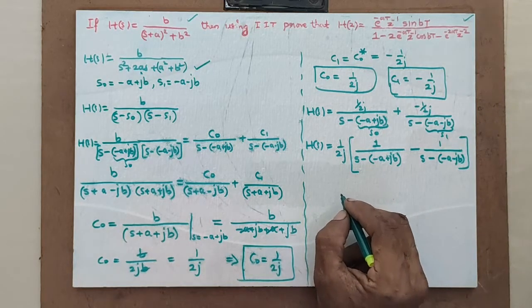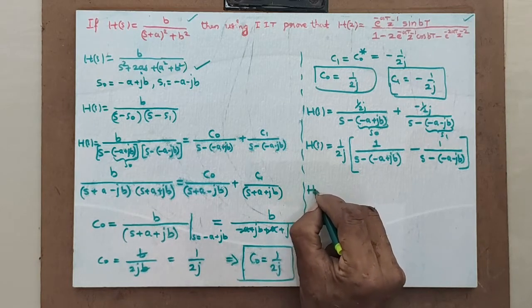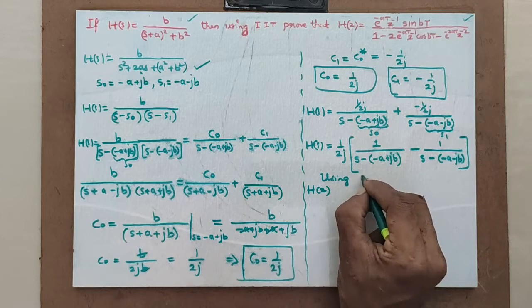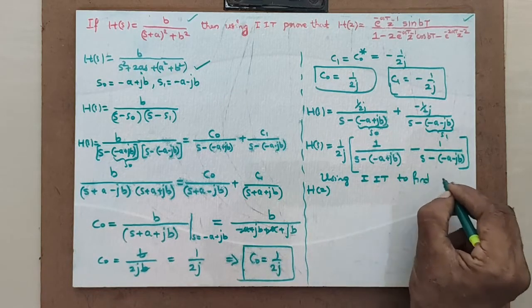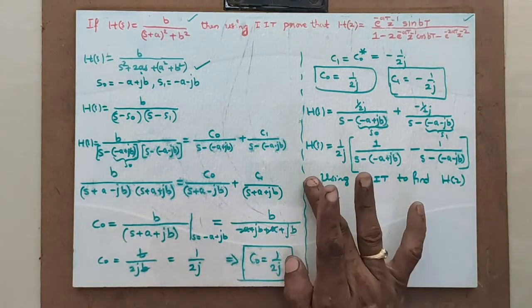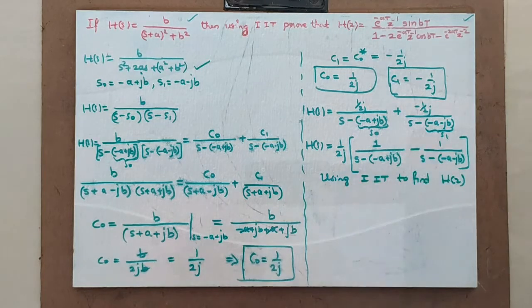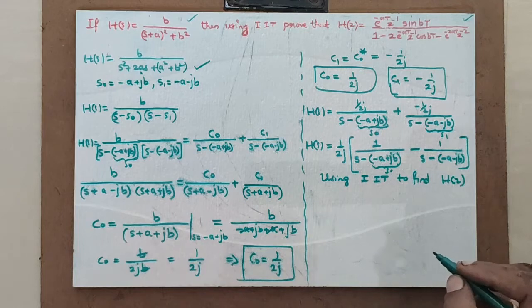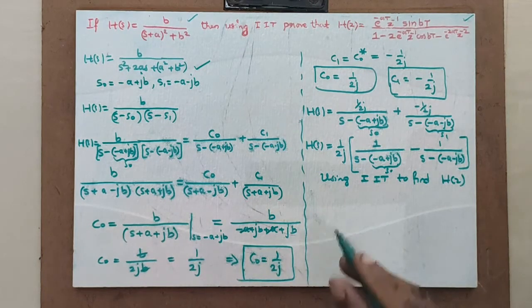Now as I told you, I have to find the corresponding H(z) using impulse invariant transformation. You know, in impulse invariant transformation, how exactly to find H(z)? Wherever s0 is present, in that place you substitute e raised to s0 T z raised to minus 1. That's all.